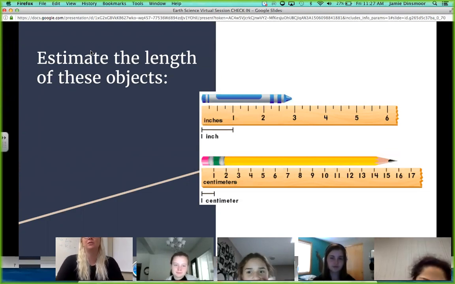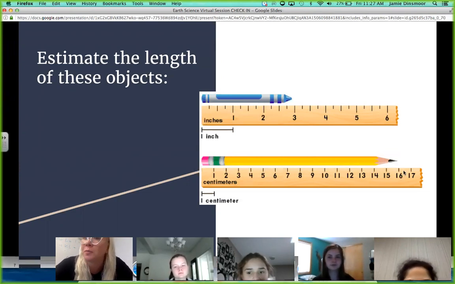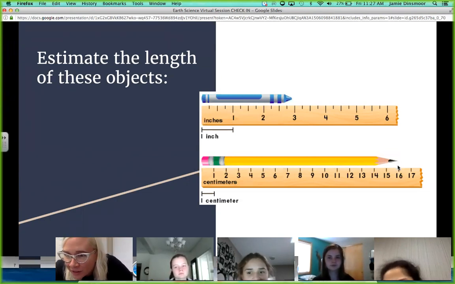You could abbreviate those units as cm if you would like, but units are super important because 16 centimeters is going to be very different than inches. So most people are saying 16. I would agree. It looks like the pencil comes almost there. You could also say 15.85. I like it. 15.9, somewhere in that range.